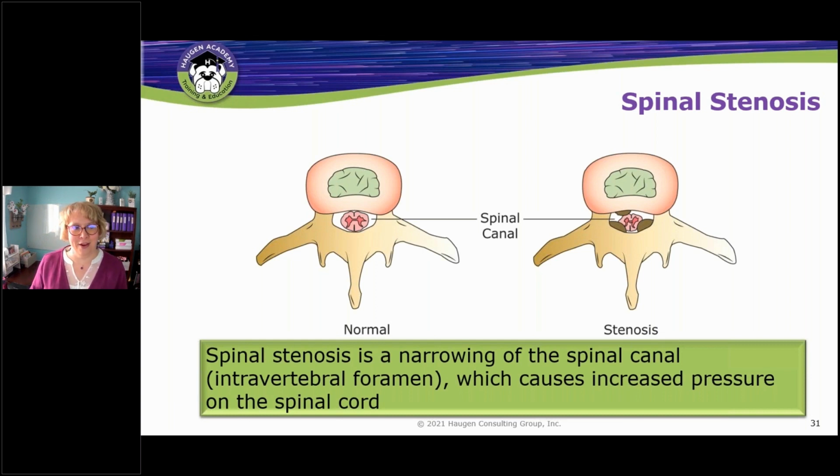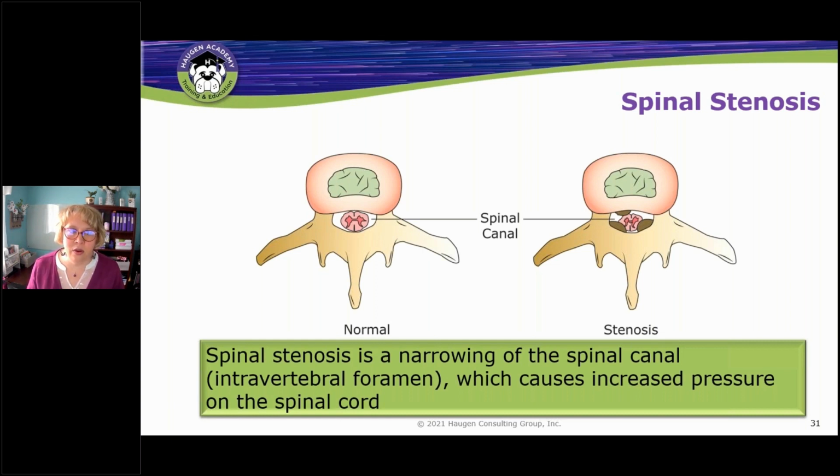Deanna's monologue about pressure on the spinal cord versus on the nerve root is not just important in CPT, it's also important in PCS. We do have different body parts depending on which structure is being decompressed if we're working on a decompression procedure. So spinal stenosis is a narrowing of that central spinal canal so that we've got an encroachment on the spinal cord.